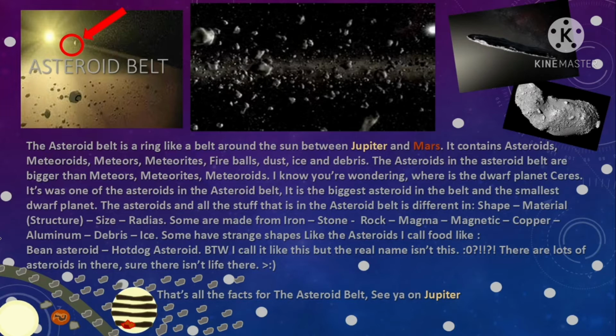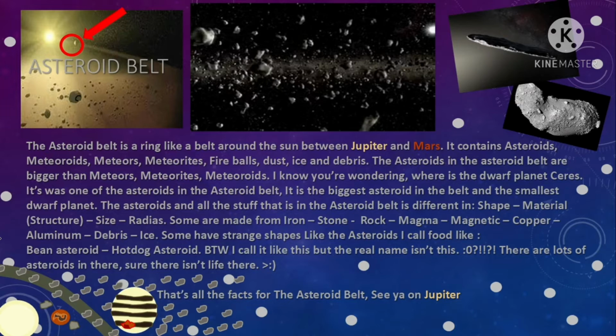The asteroids and all the stuff that is in the asteroid belt are different in shape, material, structure, size, and radius. Some are made of iron, stone, rock, magma, magnetic material, copper, aluminium, debris, and ice.